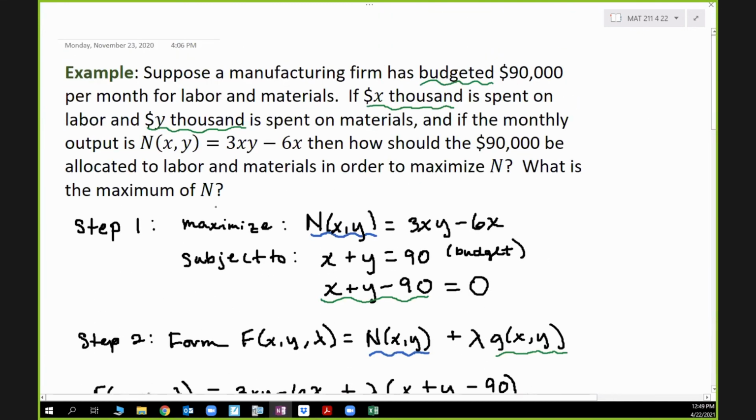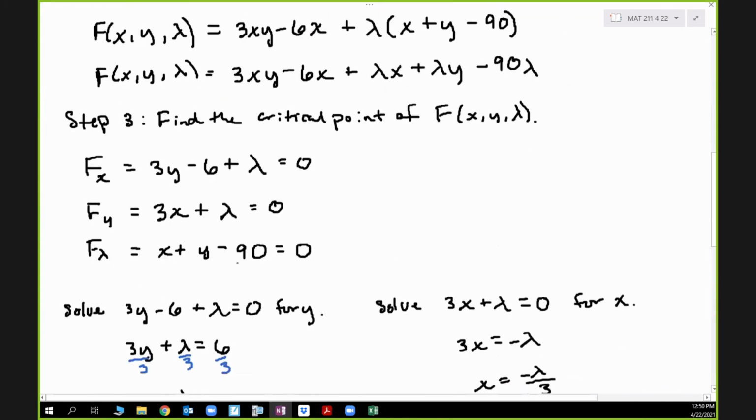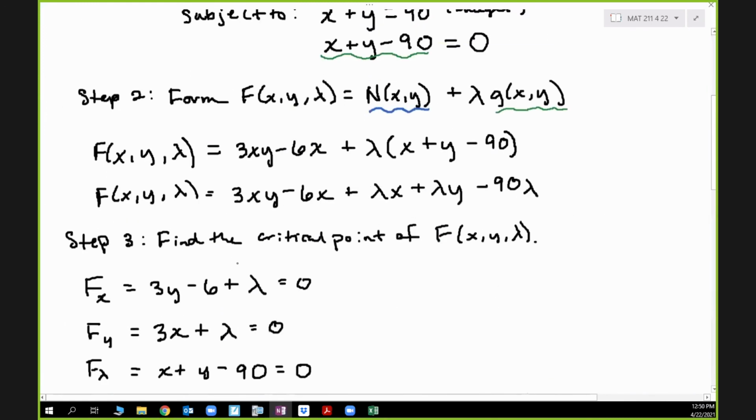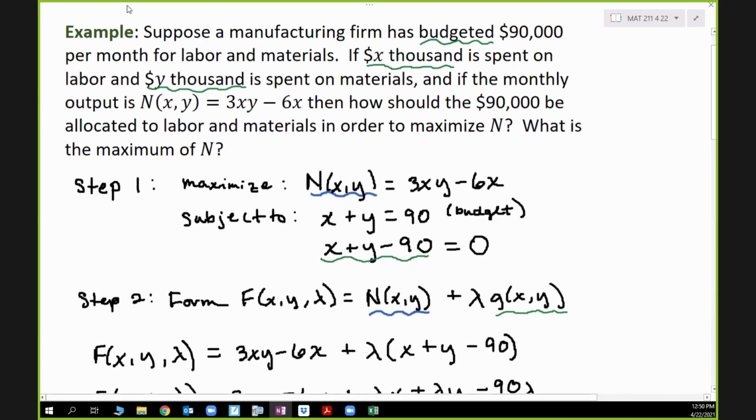So we want to know, what is the maximum of N? If we spend this optimum amount of money on each of those things, what will actually be our maximum output?